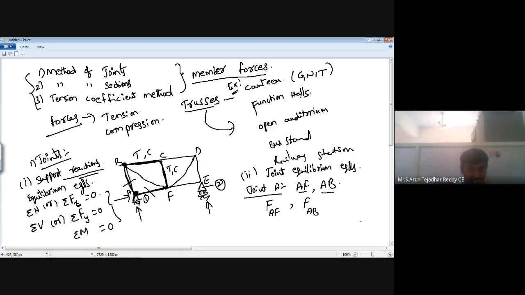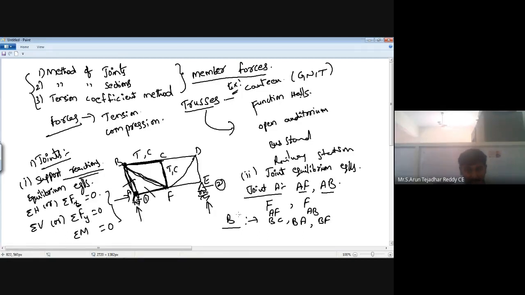Suppose I take joint B. In joint B, how many members are acting? From B to C, one member is acting. B to A, one member is acting. Again, there is one more member, inclined, from B to F. So totally three members are acting.